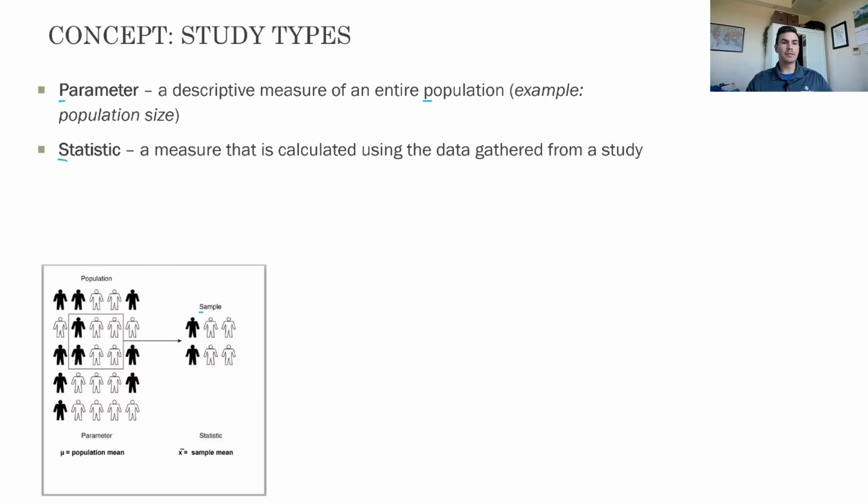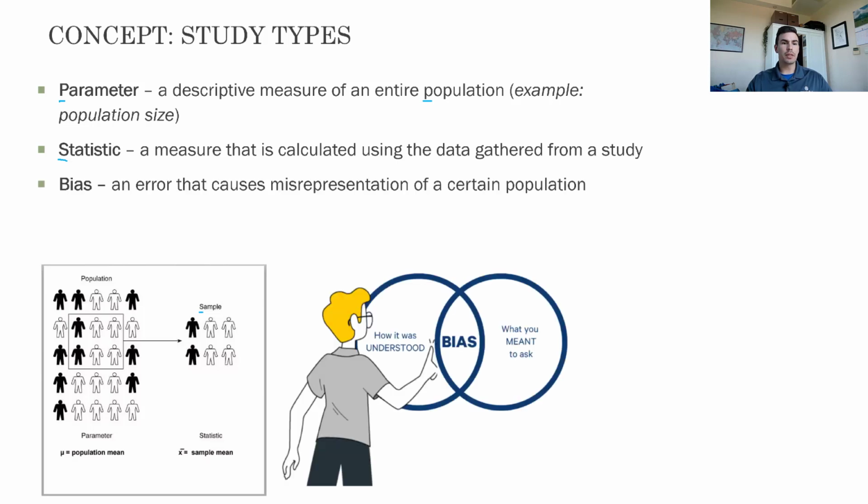All right, now one thing that is very important to be able to realize within these studies is when we have bias. Now, bias is going to be some misrepresentation of a certain population. So if I am a restaurant owner and I want to see if people like my food, and I say, okay, throughout the week, anybody who comes in more than twice or more than once, we're going to give them this survey and ask them how much they like our food.